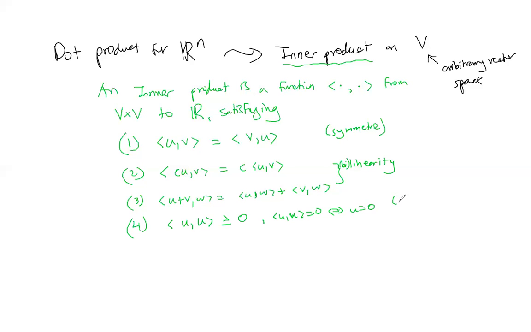This is sometimes called positive semi-definite, or definite, I actually forget. You don't need to know these names, but this is what a dot product needs to satisfy. It'll be nice to know these conditions. We might test you on this.